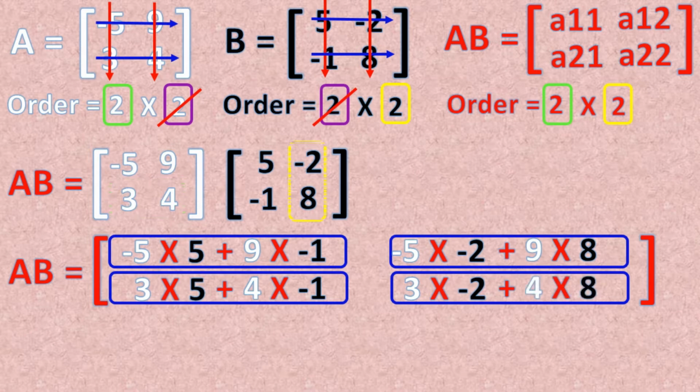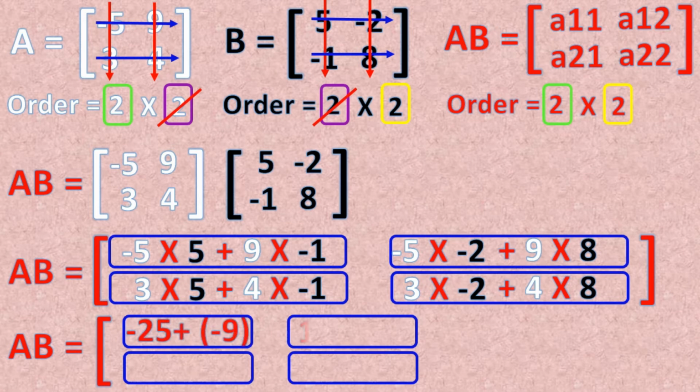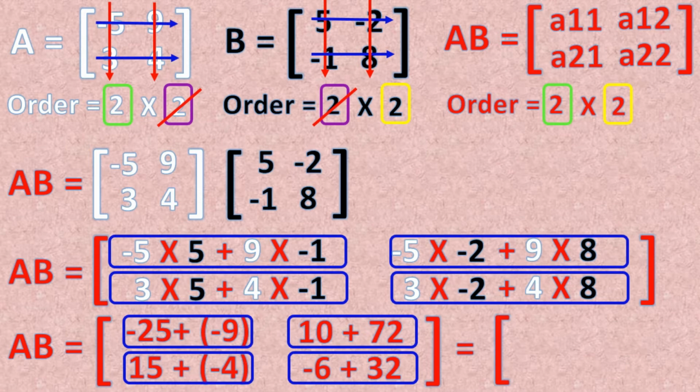Now we simplify these elements, arranging again in 2 by 2 order. 5 fives are 25, so -25, plus 9 ones are 9 but -9, 10 plus 72, 5 threes are 15, minus 4, and -6 plus 32. The final answer: -25 minus 9 is -34, 10 plus 72 is 82, 15 minus 4 is 11, and 32 minus 6 is 26.